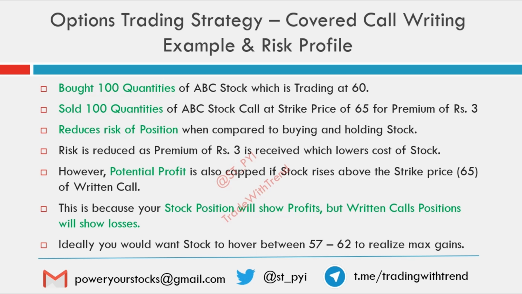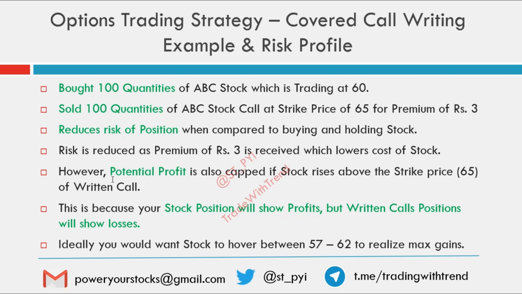So the key takeaway from covered call writing is that it reduces the risk of an open underlying position. That is, if you hold a simple long position in an index or a future, or let's say a stock, covered call writing essentially reduces the open risk. In this particular case, the risk was reduced by rupees 3 per share, right?